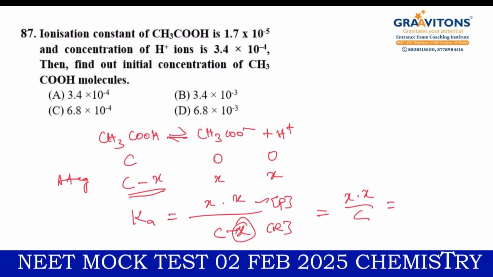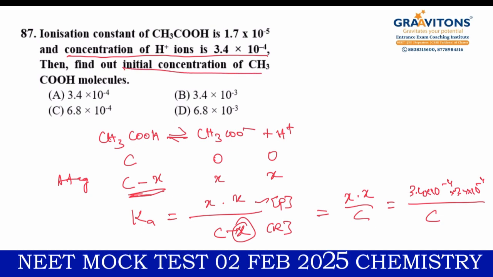So I can substitute the value of X here, which is the concentration of H plus ion given, 3.4 into 10 to the power minus 4 into 3.4 into 10 to the power minus 4, whole divided by the concentration, this one is the initial concentration. Let us keep this as C because the question is the initial concentration of acetic acid, and Ka is given, which can be substituted as 1.7 into 10 power minus 5, and hence C is 3.4 into 10 to the power minus 4 into 3.4 into 10 to the power minus 4, whole divided by 1.7 into 10 to the power minus 5.